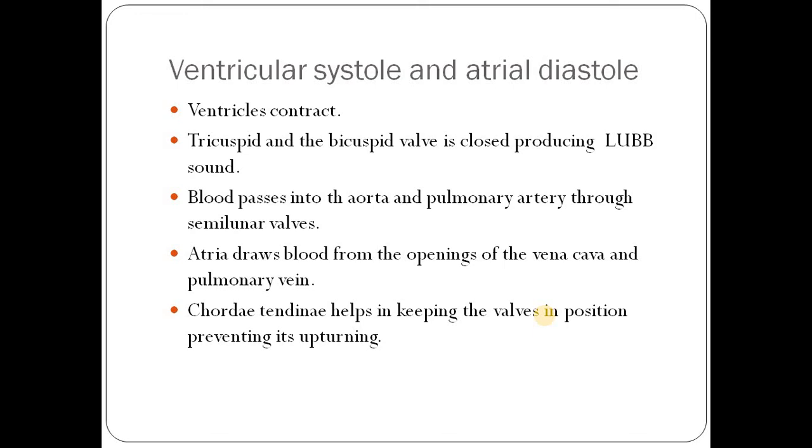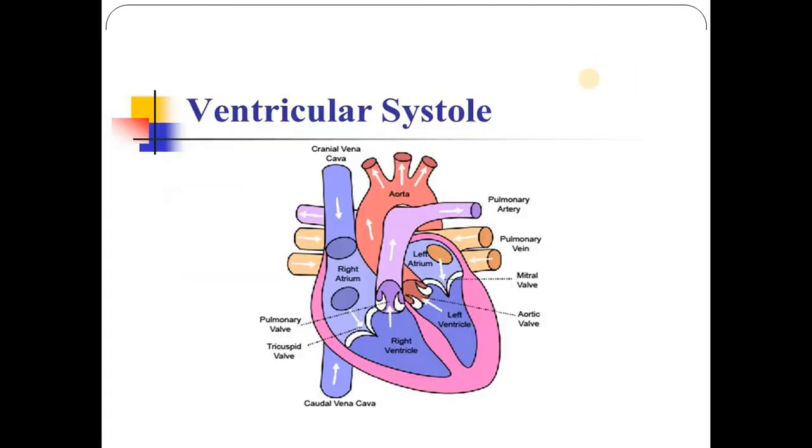Tricuspid and bicuspid closed, and when they close, they close very sharply and produce the lub sound. So this is what it is actually about: atrial systole and ventricular diastole, and ventricular systole and atrial diastole. We have to relate it with the concept of contraction and relaxation.